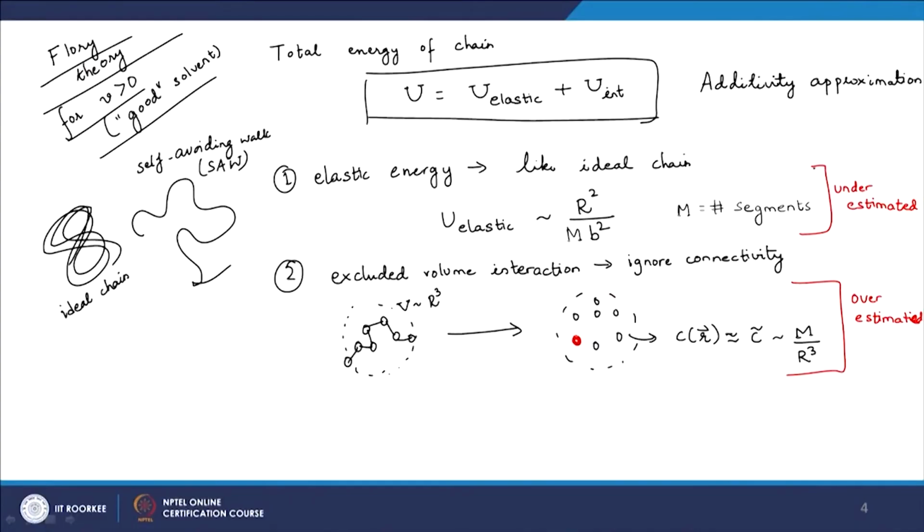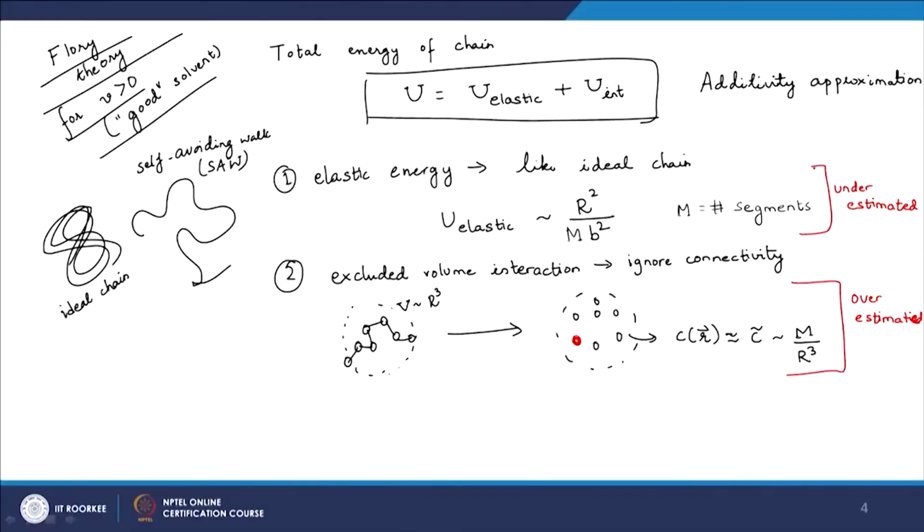Of course the next segment has to be close, but if I go farther along the contour, they have to be farther from this particular segment. There is no way that we can have a uniform distribution of segments around it. So, we always overestimate excluded volume from what it should be.